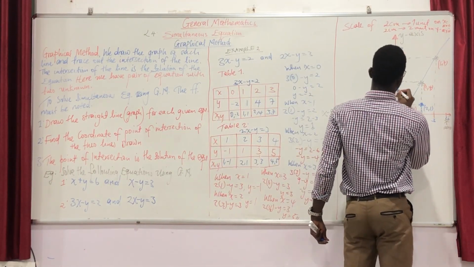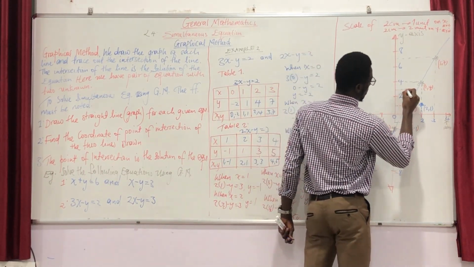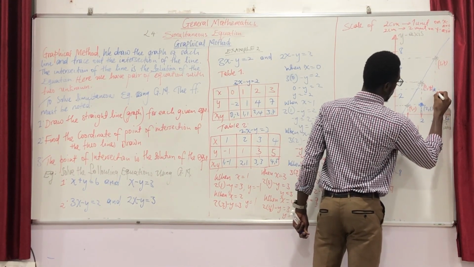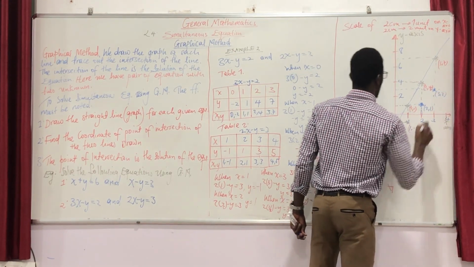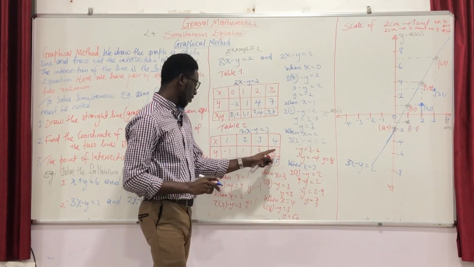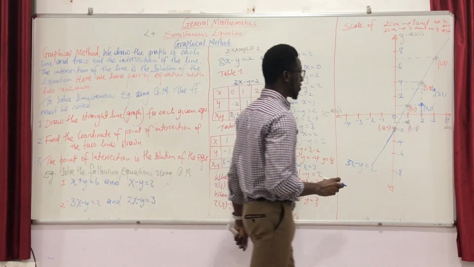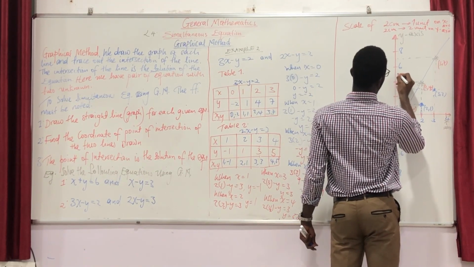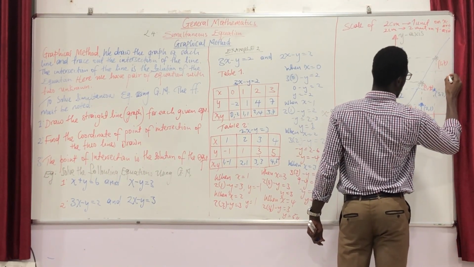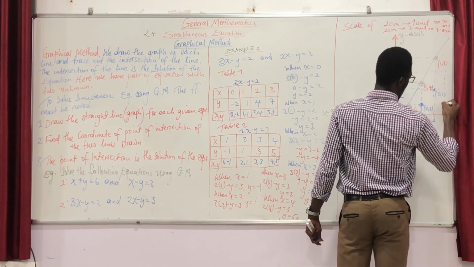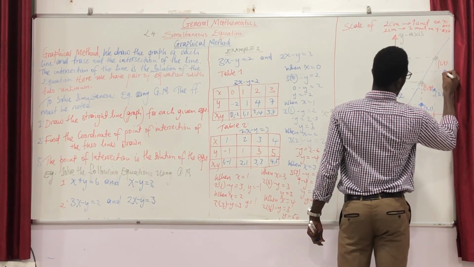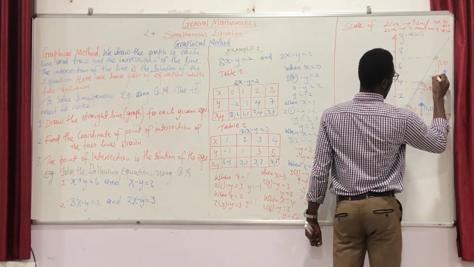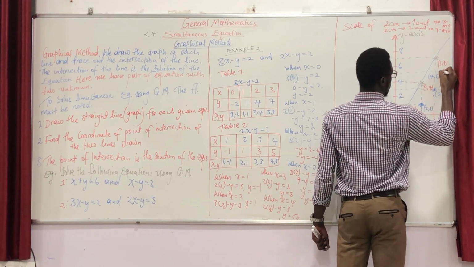When x is 3, between here is our 3. So this is 3, 3. And finally, when x is 4, y is 5, and 5 is between here. So these are the coordinates.